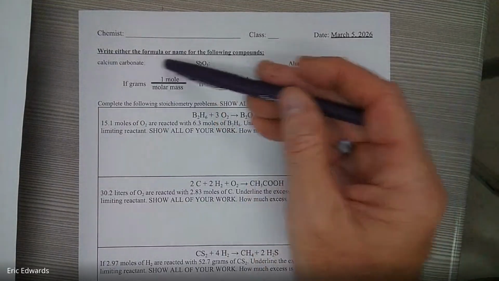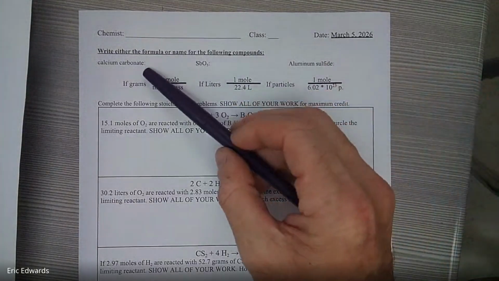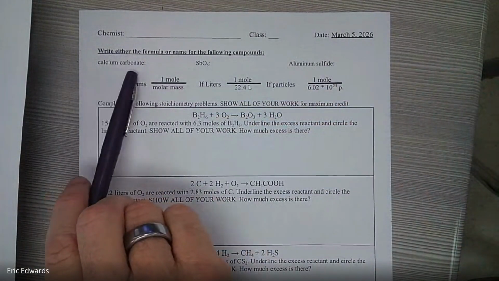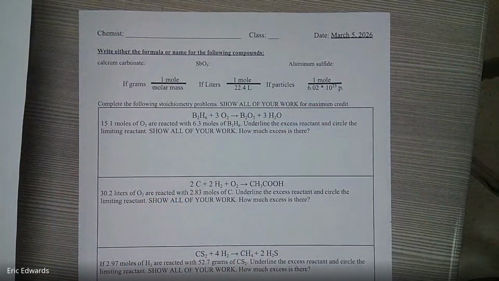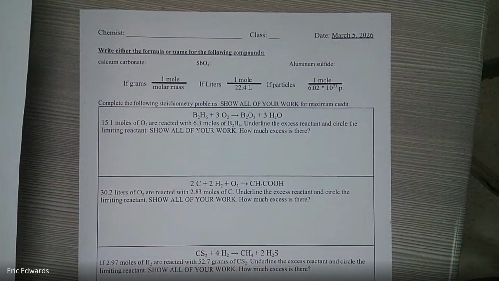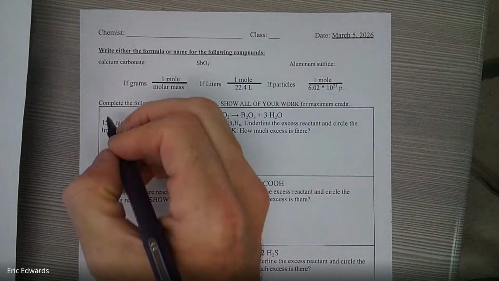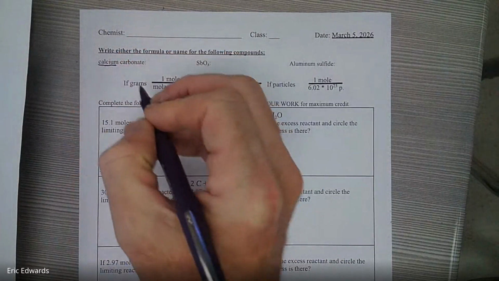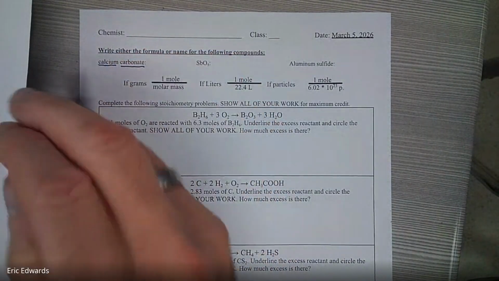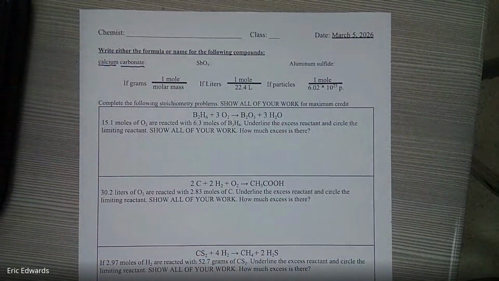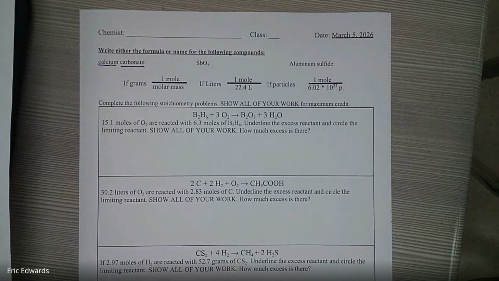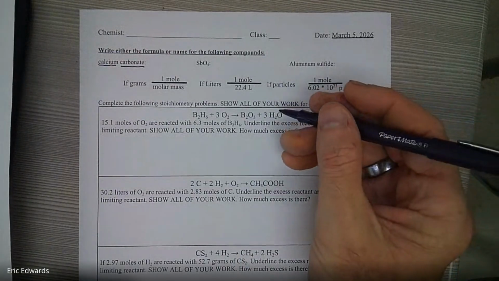First, though, we want to either name or write compound structures, okay? So right here we have a name, calcium carbonate. And so we want to write the structure for calcium carbonate. In this case, we know we have calcium, and carbonate is not an element. Carbonate is on the reference table for polyatomic ions.